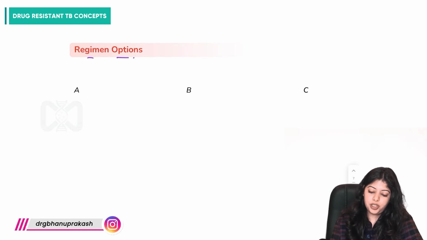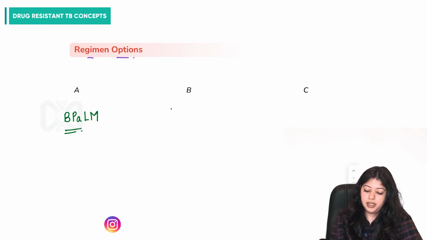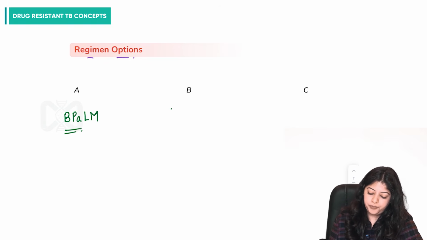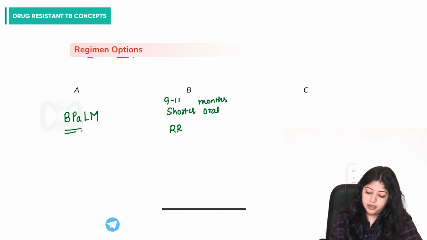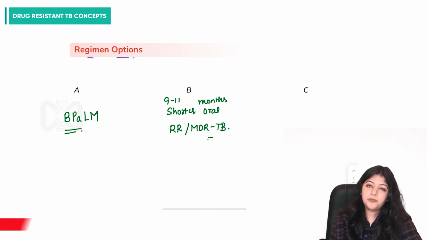So the first regime is BPaLM. All the recent updates. Then the other option is the shorter oral 9 to 11 months regimen for rifampicin-resistant or MDR-TB.